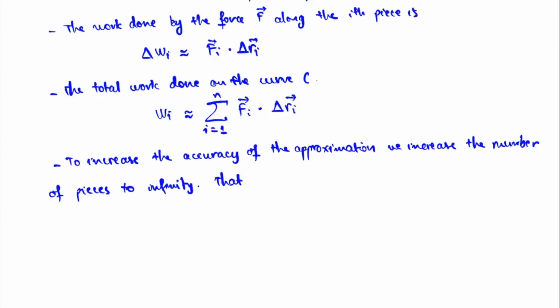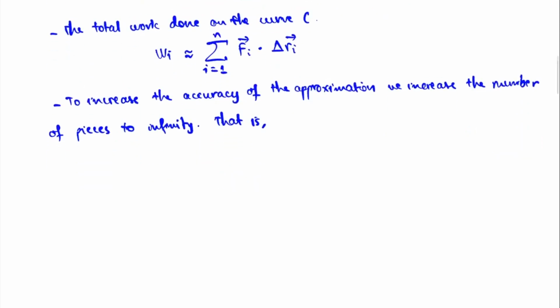So now the work done is no longer an approximation, it becomes an equal sign. So W is equal to the limit as n goes to infinity of the summation for i going from 1 to n of F sub i dot with delta r sub i.